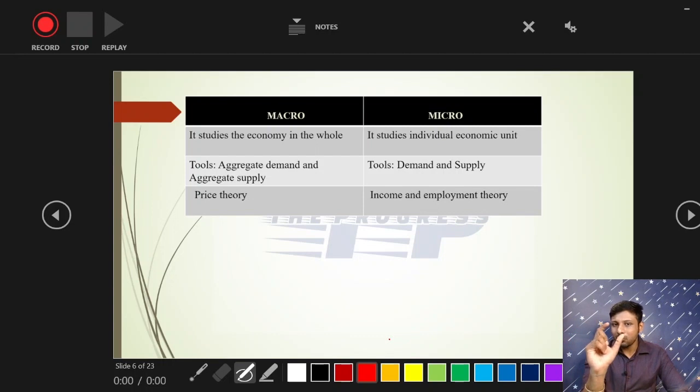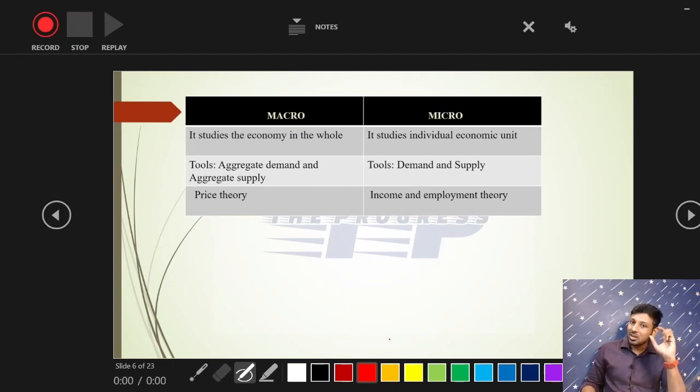Now, you may be confused. In civil services preparation, what view are we going to choose to view economics, macro or micro? The answer is very simple. We are going to consider only the macro view and leave the micro view. Why? It is very simple.